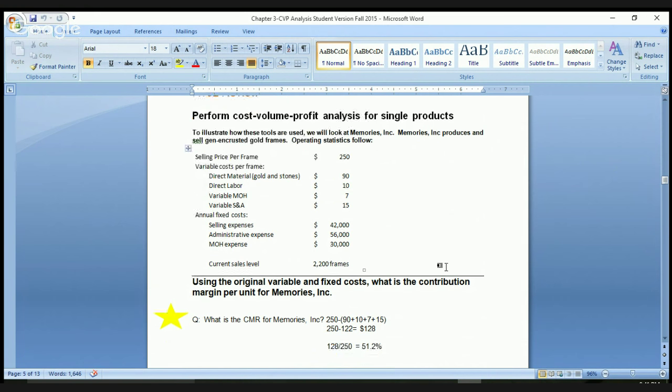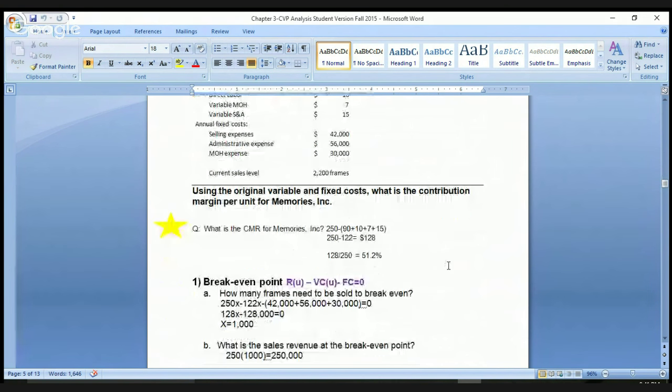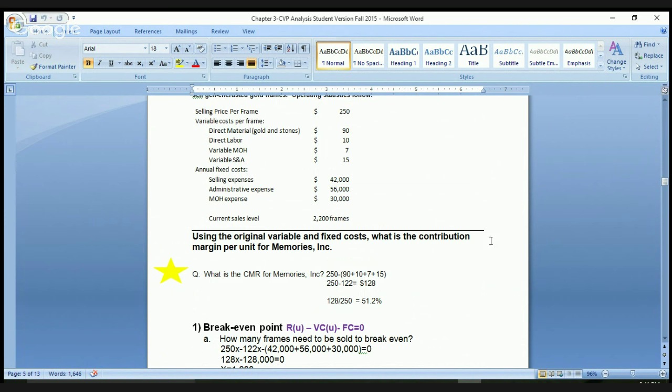So the first thing we want to do is find the CMR of Memories Incorporated. How do I find that? That is the contribution margin rate. So the first thing I have to do is find the contribution margin. Remember, the contribution margin is the sales price minus all the variable costs. So in this case, we have 250 minus the sum of all the variable costs.